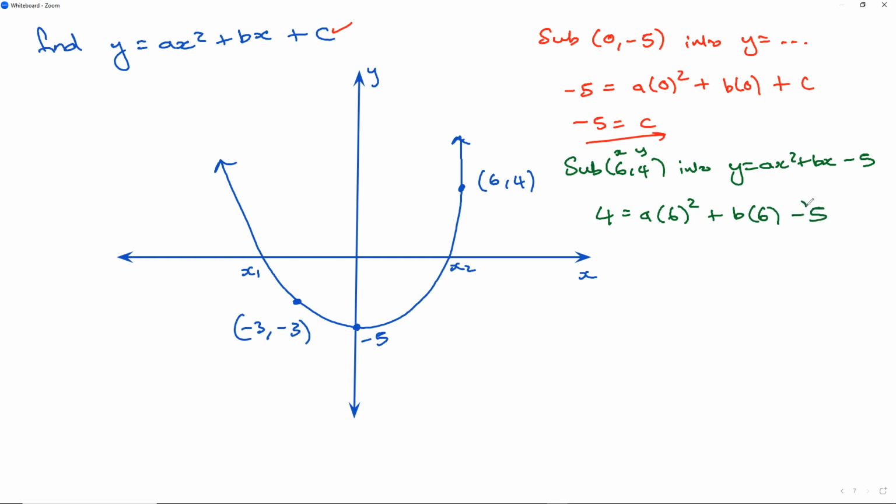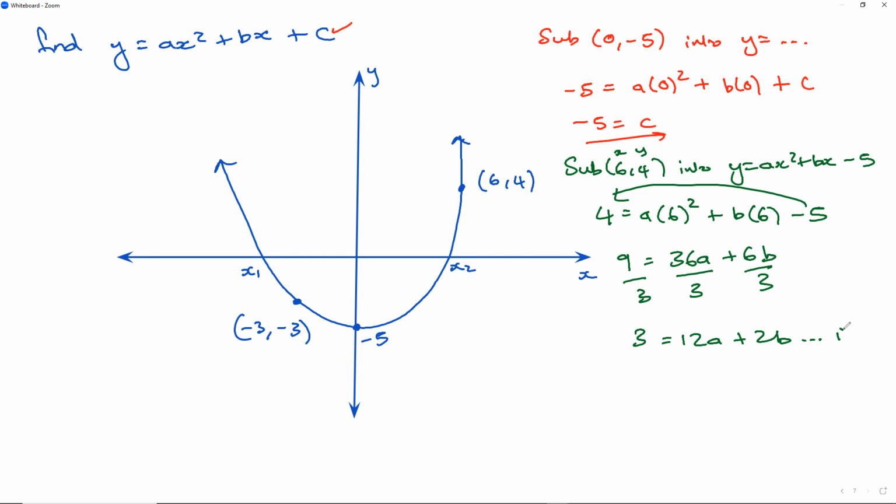I'm going to move the minus 5 across and get an equation. This is going to be 9 equals 36a plus 6b, and I can divide each of these values by 3 as well, getting me 3 equals 12a plus 2b. Equation number 1.